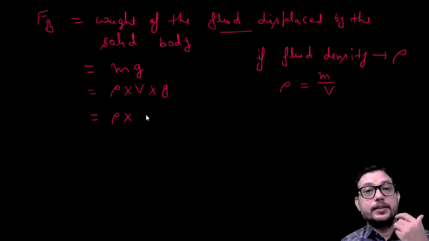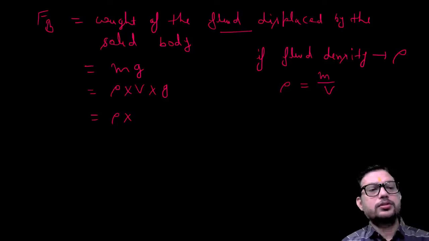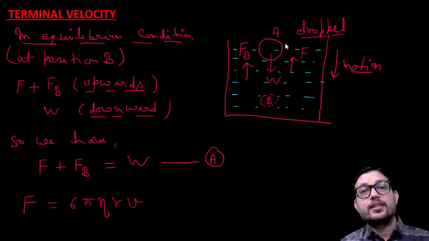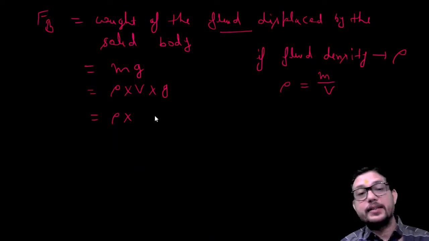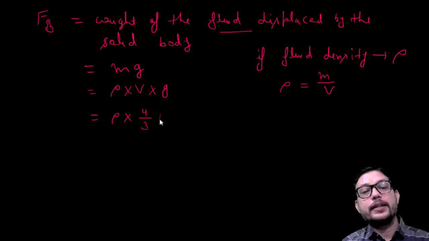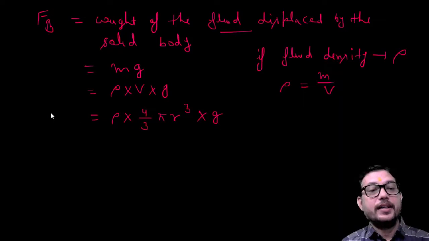Now what is the formula for volume? Because as you can see here, I have considered that the shape of that body is spherical. So the volume of a sphere will be 4 by 3 pi r cube, that is the volume, and into g, and that will be FB.